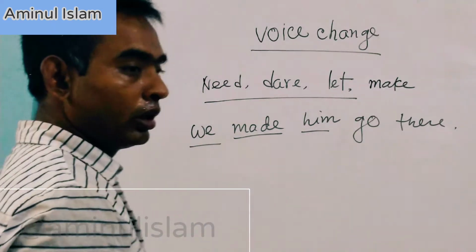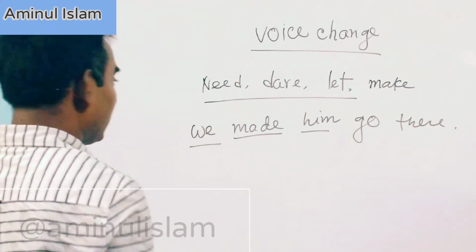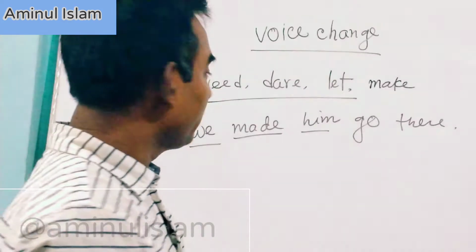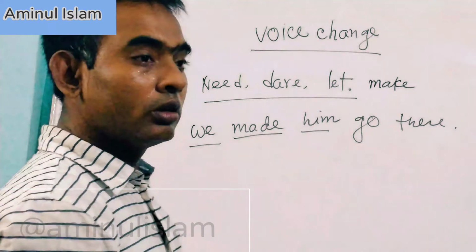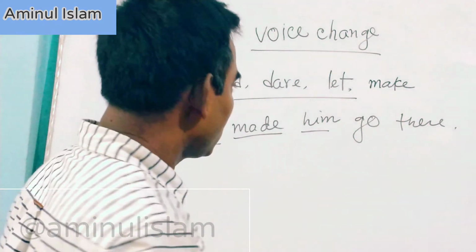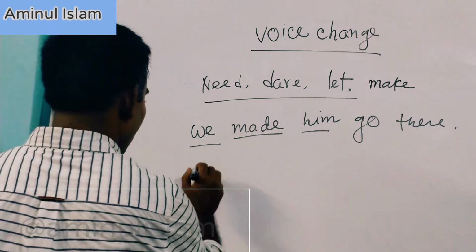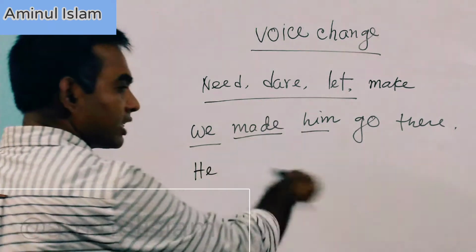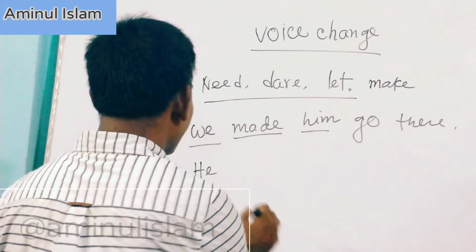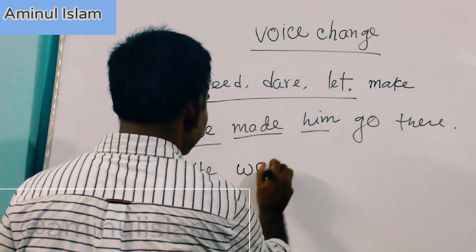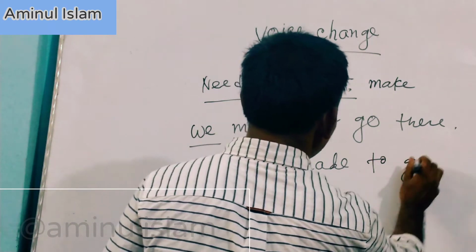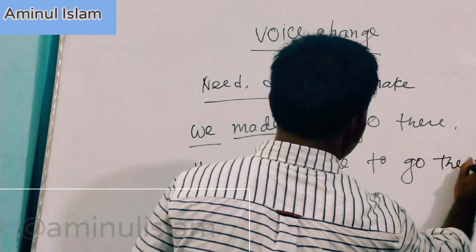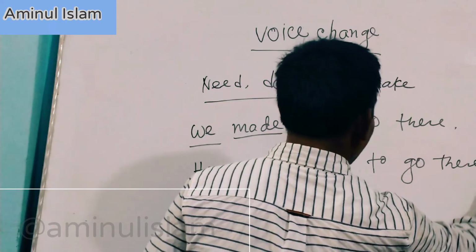Here to is silent, but when you make this sentence passive, then the preposition will be placed. As the sentence is in past form, he was made to go there by us.